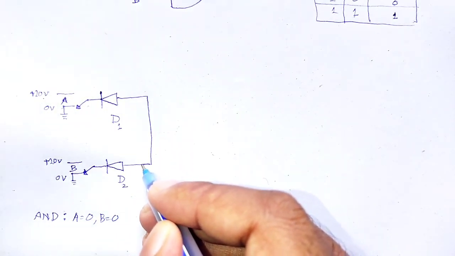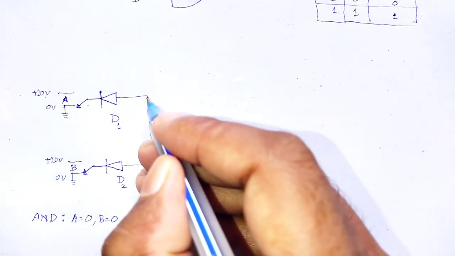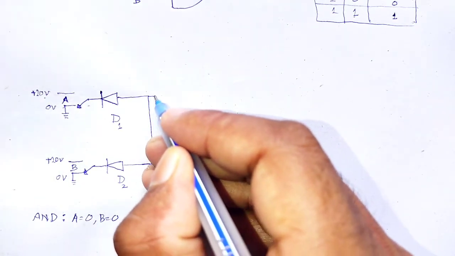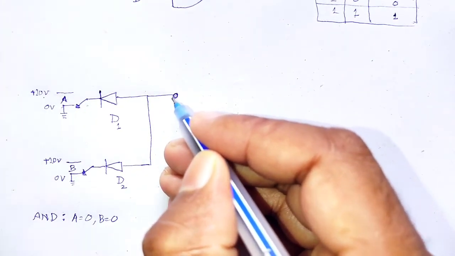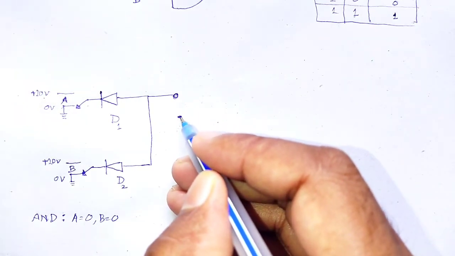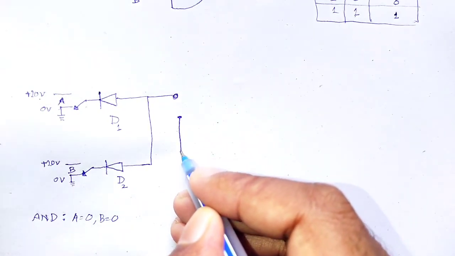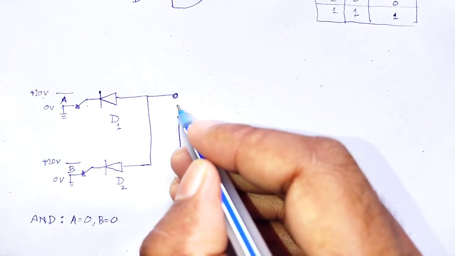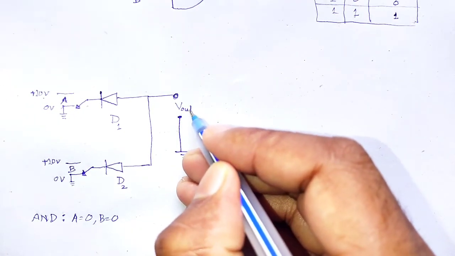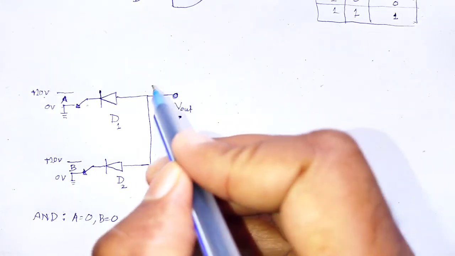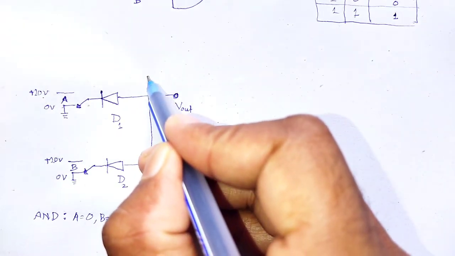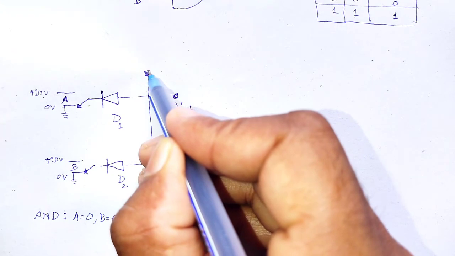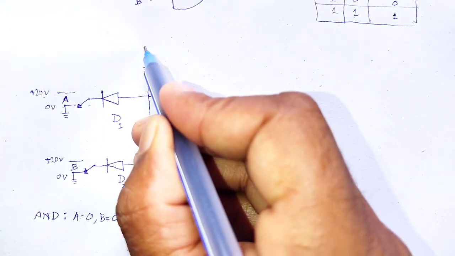Two are connected, and here we have to take the V output, and a resistor is connected.